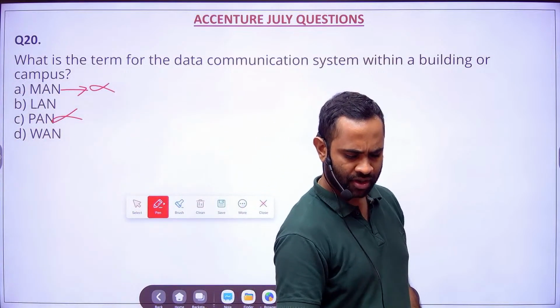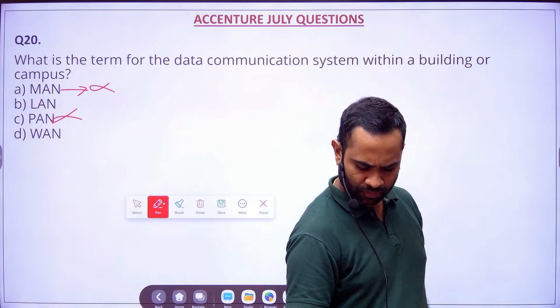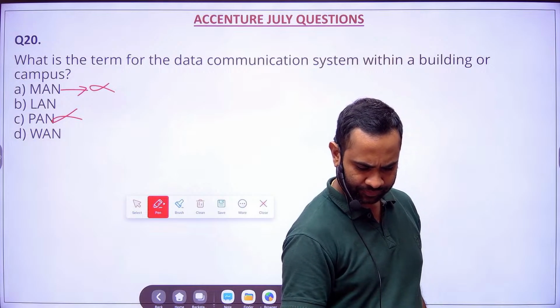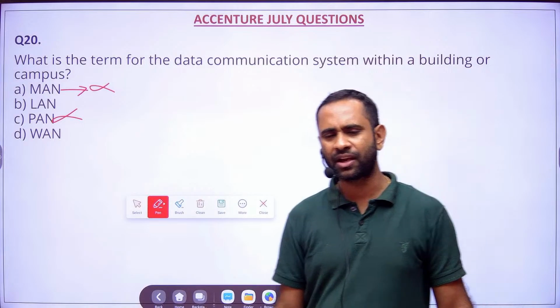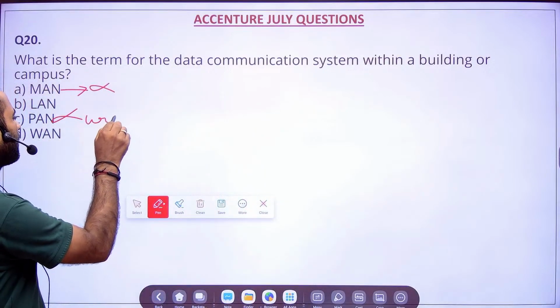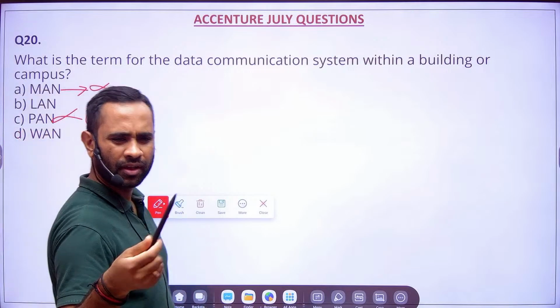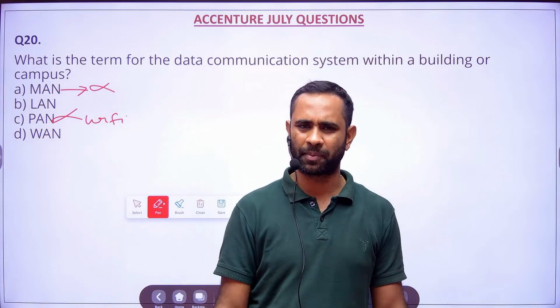I'm not very sure, anyway, we can check it out, right? Yeah, personal area network, correct. So personal area network is mostly Wi-Fi which you will be using for your home, and you can say very limited people will be using it.